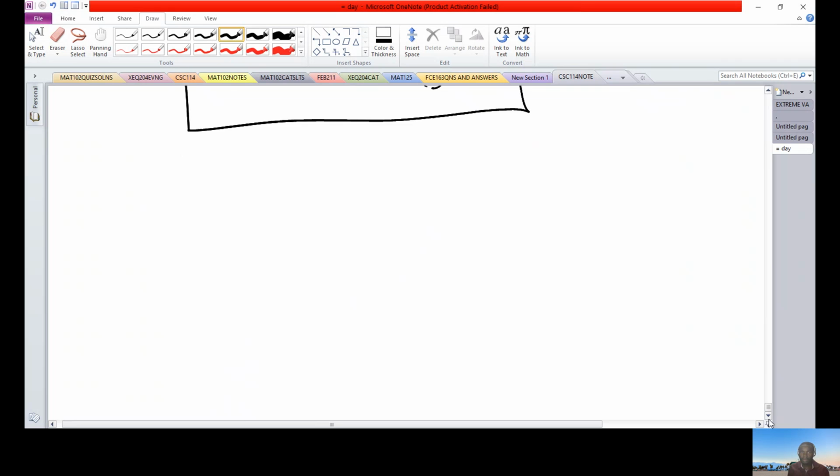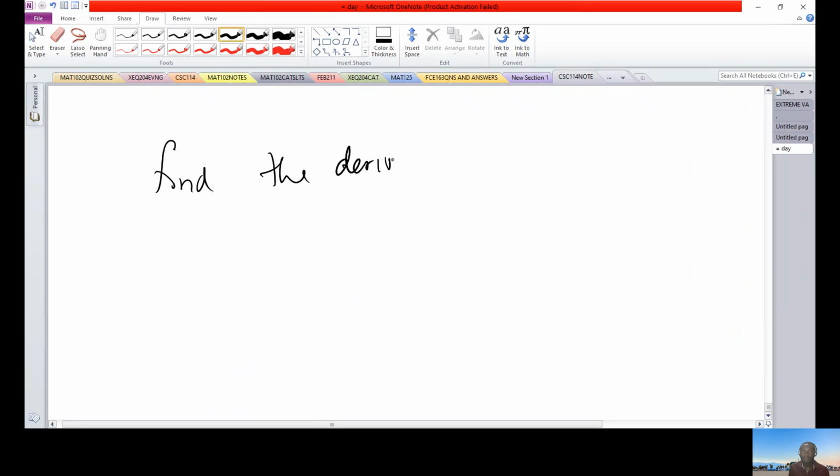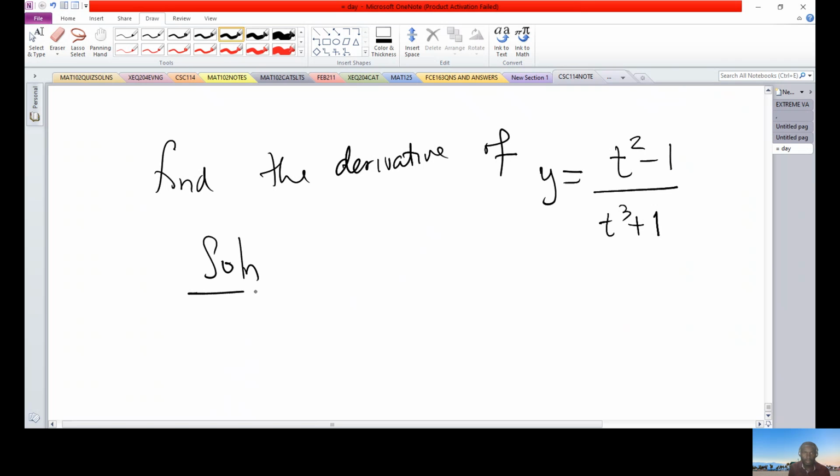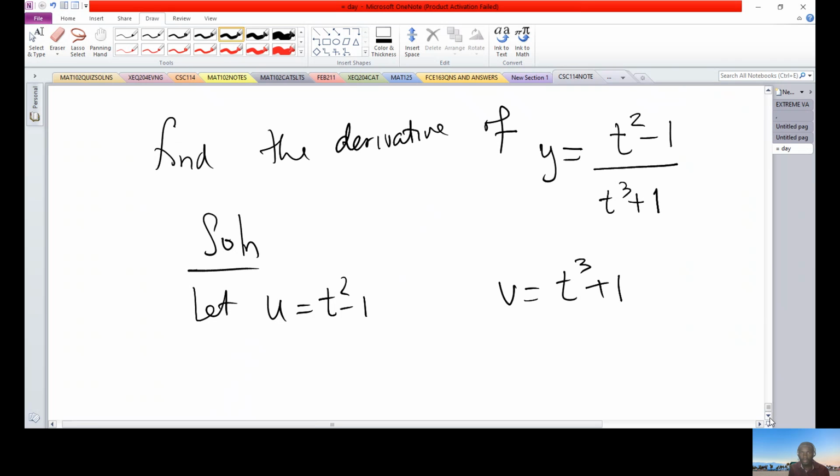So the last example: find the derivative of y given by (t squared - 1) over (t cubed + 1). So, solution. You let u be t squared - 1 and v be t cubed + 1. So u' will be 2t and v' will be 3t squared.